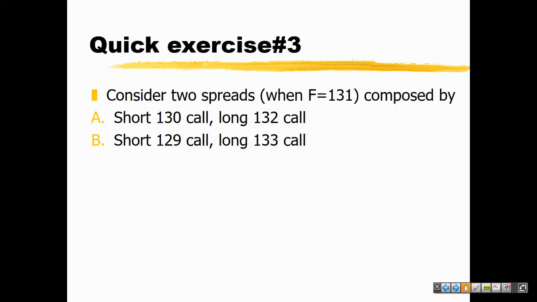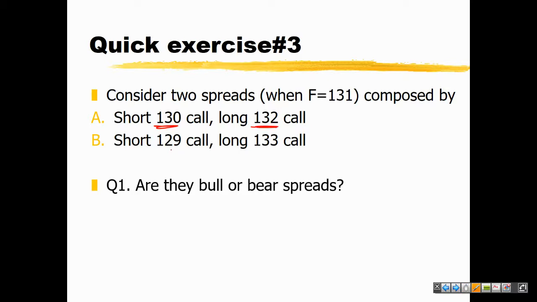Last thing is an exercise for you, not now, because now we are finished. Next time, we are going to start by seeing the answer, which is the following. Consider two spreads when the future is 131, having symmetrical strikes, 130 and 132 versus 129 and 133.